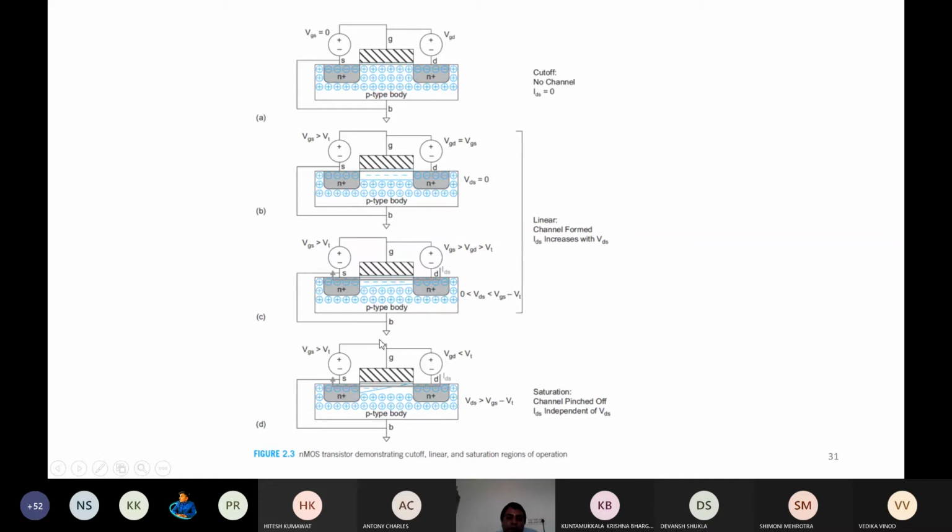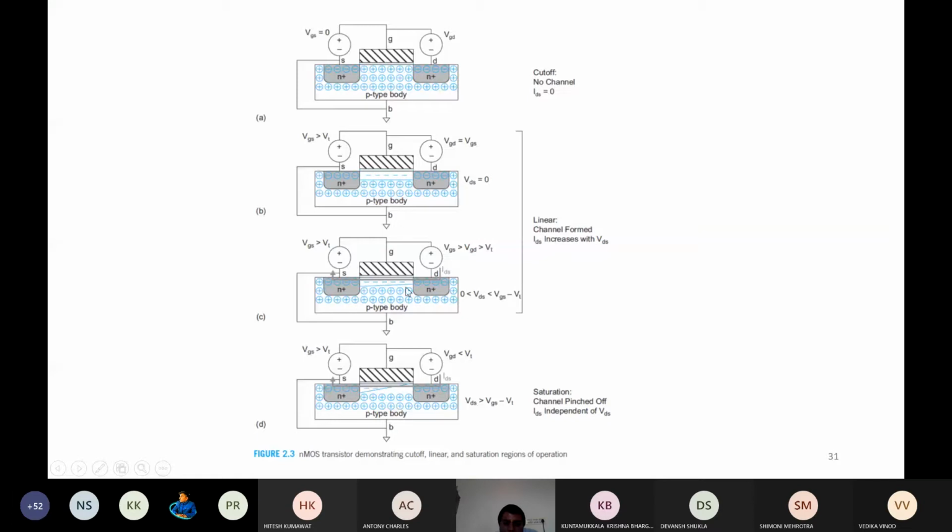Pinch off means that previously we saw a tapered channel formed here, due to the application of proper biasing. But if you increase the drain to source voltage, then at a certain gate to source voltage the channel stops before reaching the drain.